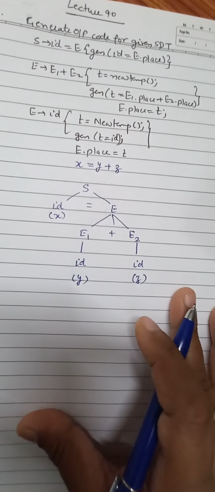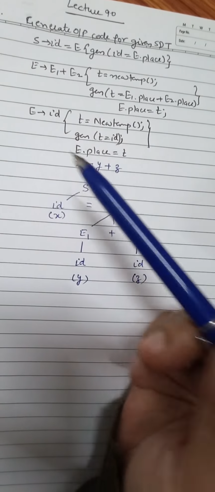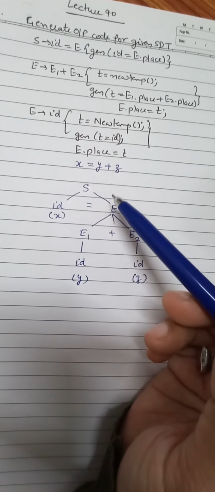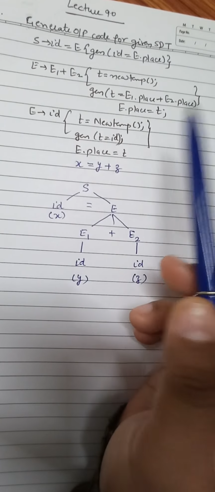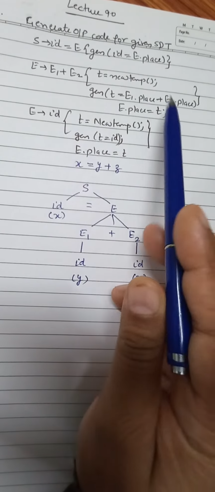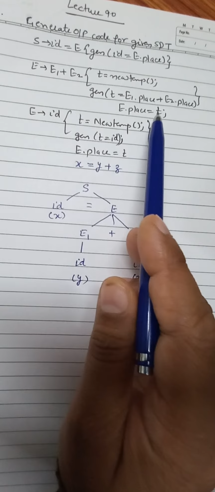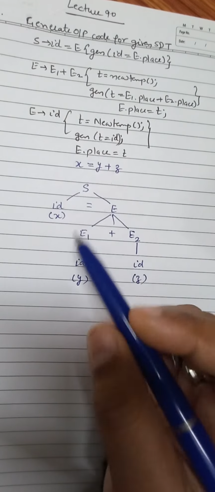As we are saying, we are taking new temp as a function that returns the name of the new temporary variable, and we are supposing T is the temporary variable on every call.